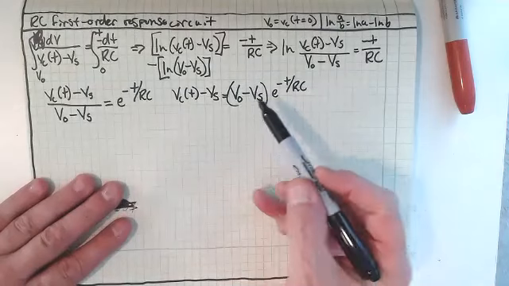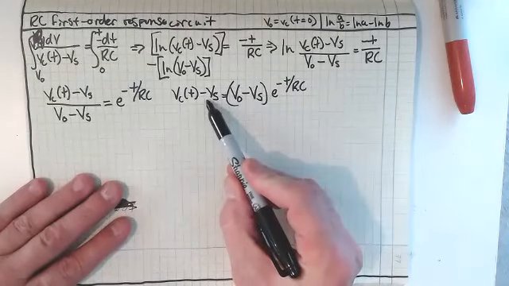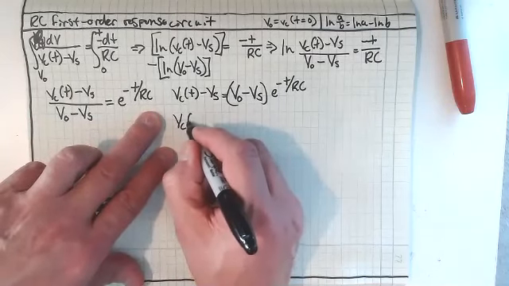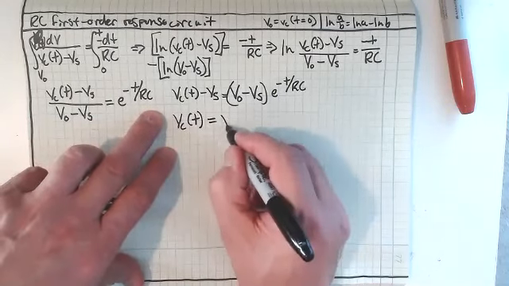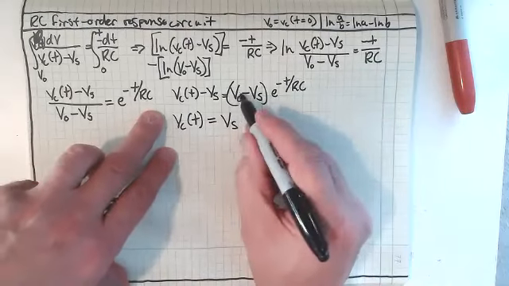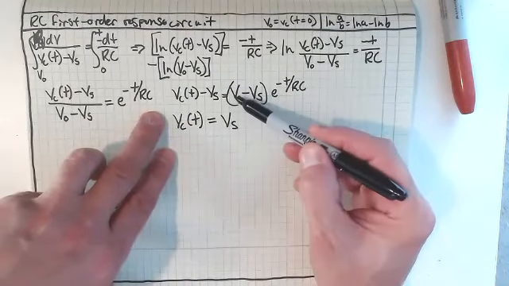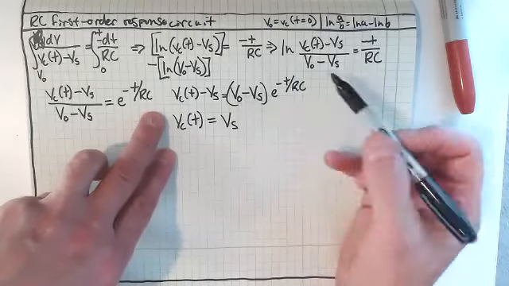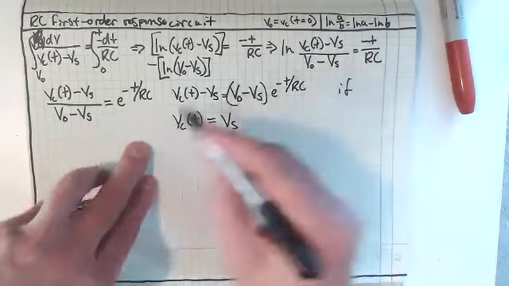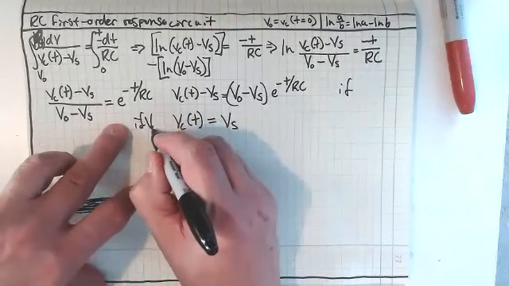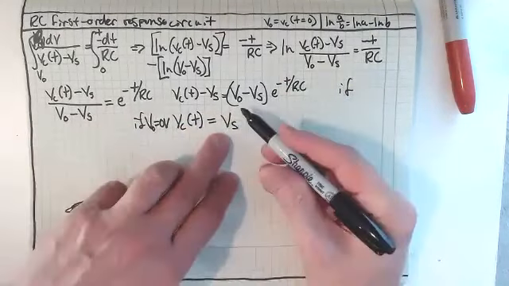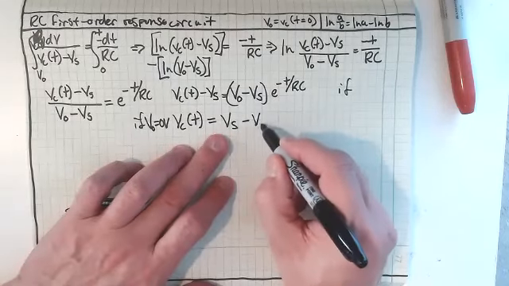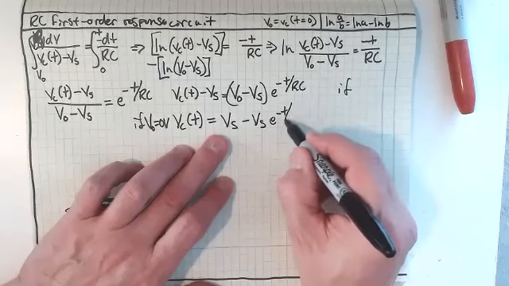Now let's take this over to the other side. So V_C of t equals V_S plus the rest. And usually V_0 is equal to 0, because we're charging the capacitor. So if V_0 equals 0 volts, then this is V_S minus V_S e to the minus t over RC.